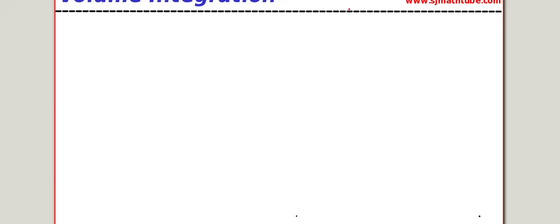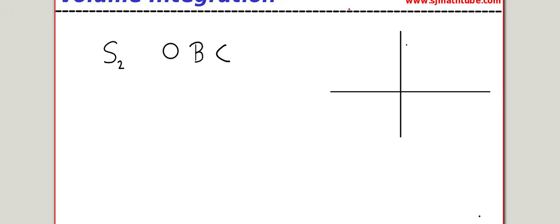Now let's look at the next region, S2. S2 means the region O, then you connect it with the y-axis, then you connect it with the z-axis. So that will also be a quarter circle.